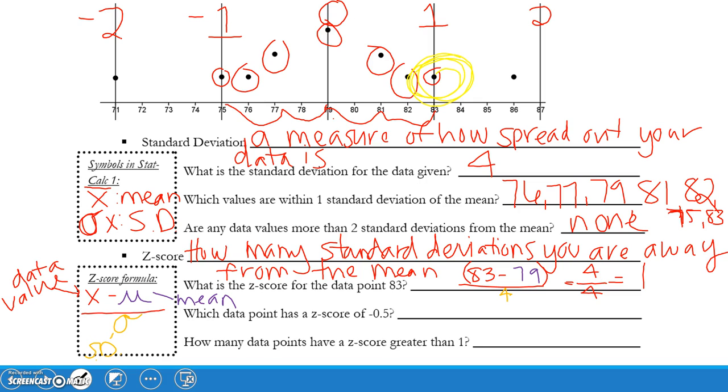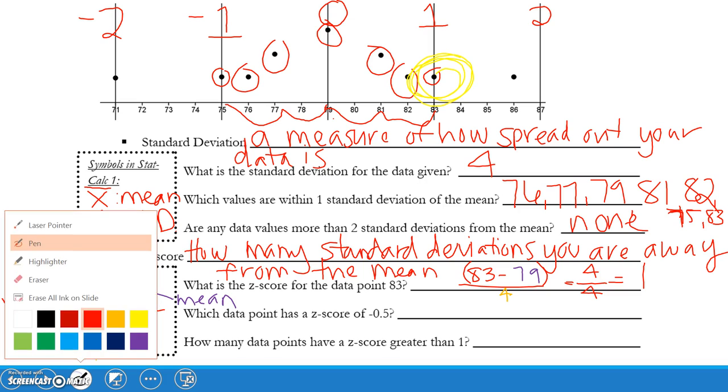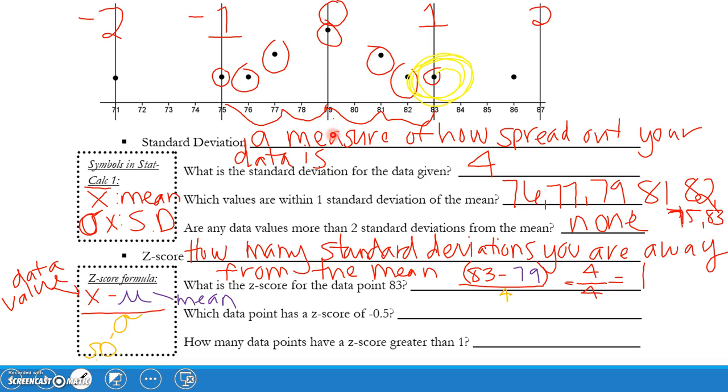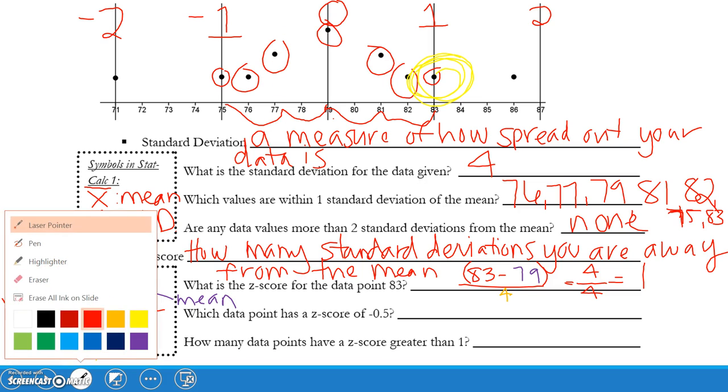So then it says which data point has a z-score of -0.5. And so we could just use the graph right here. So -0.5 would fall right in between 0 and -1. It'd fall right there. So 77 would be your answer for this one.